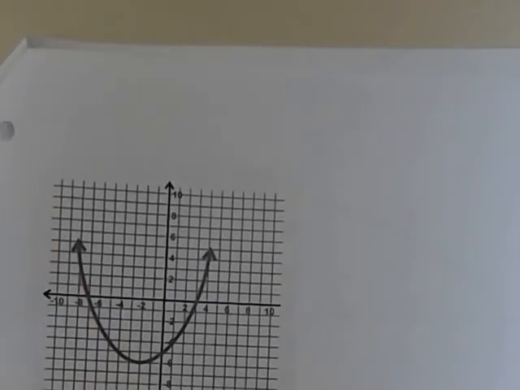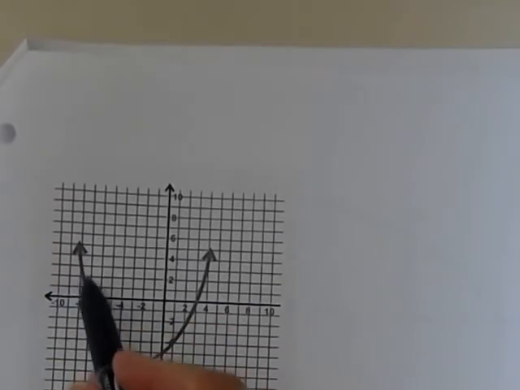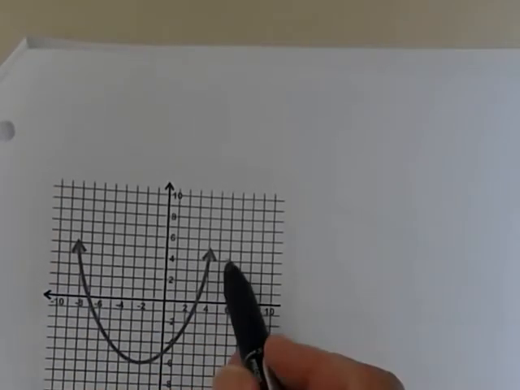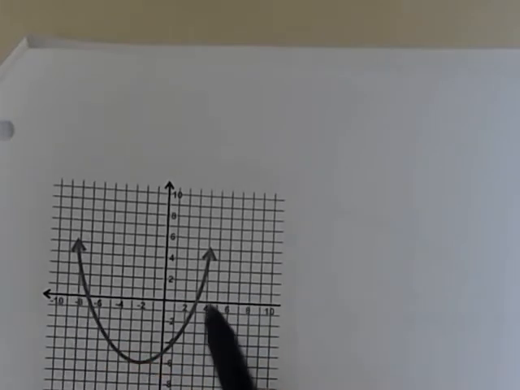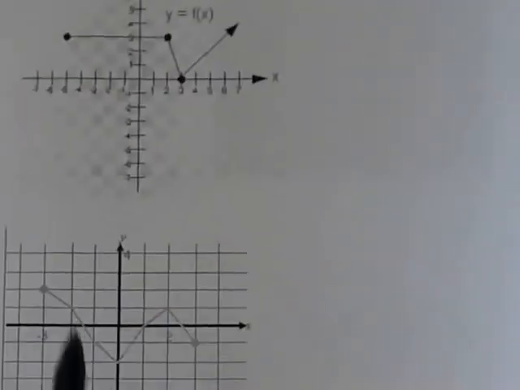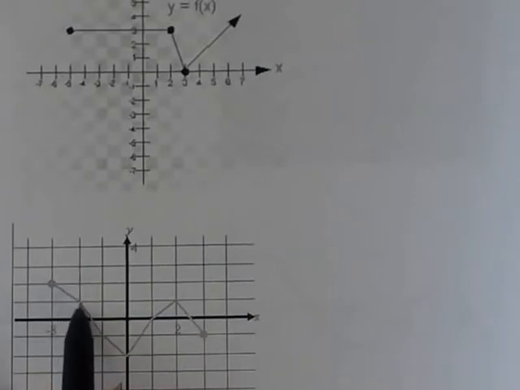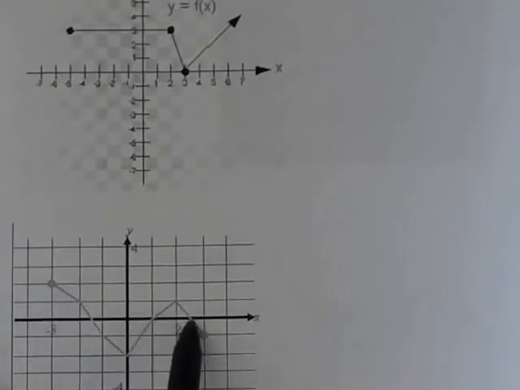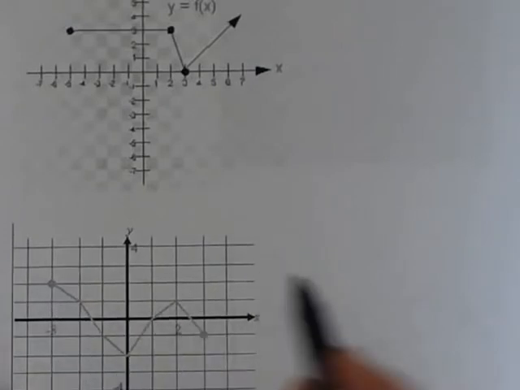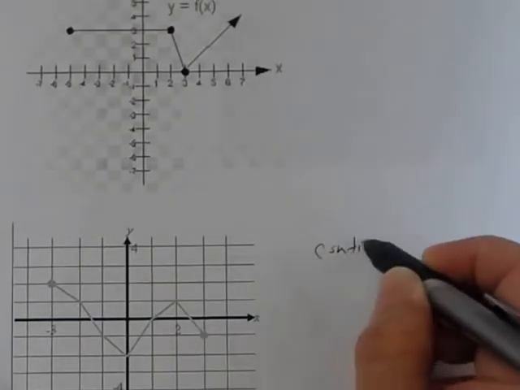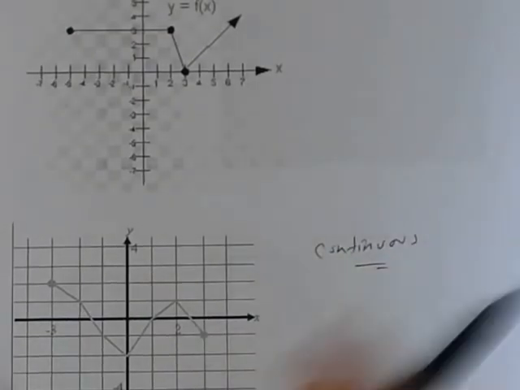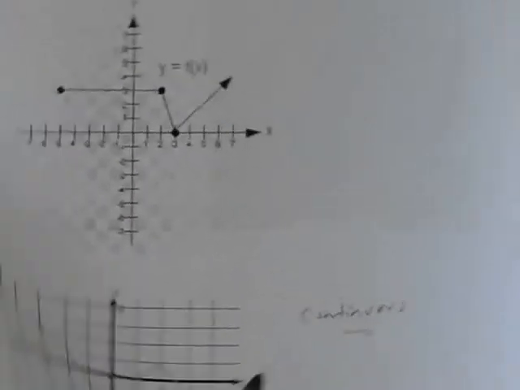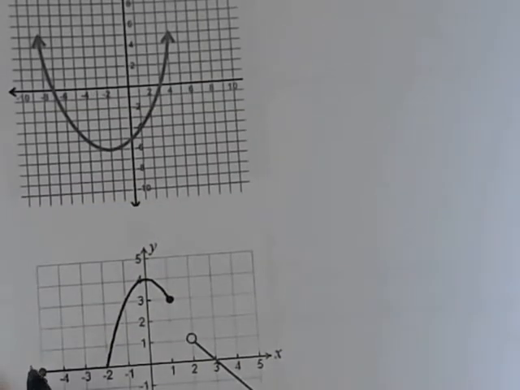As I go from left to right, I can take my pencil and trace over it like this. And this graph here is continuous as well. I can just trace over with my pen. Now I'm using the word continuous. Whereas when I look at this one, I trace over, and all of a sudden I've got to jump to go to the other one. That will be discontinuous.